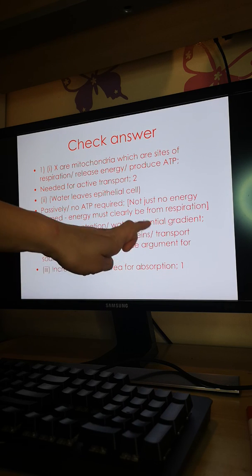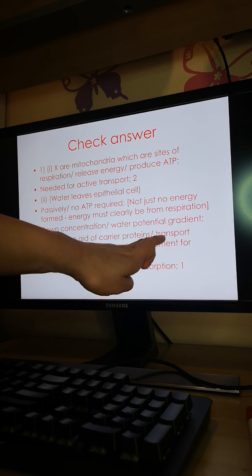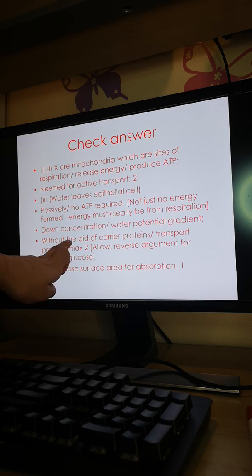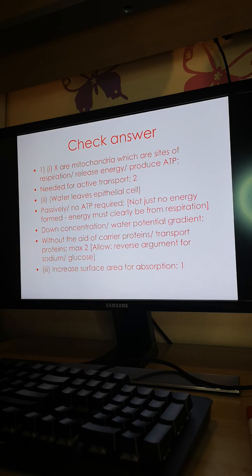Now, slightly different on the new spec, it says without the aid of carrier proteins or transport proteins, but of course we have aquaporins now on the spec. So you would say with aquaporins being a specific type of protein, whereas glucose and sodium would use a different carrier protein type.